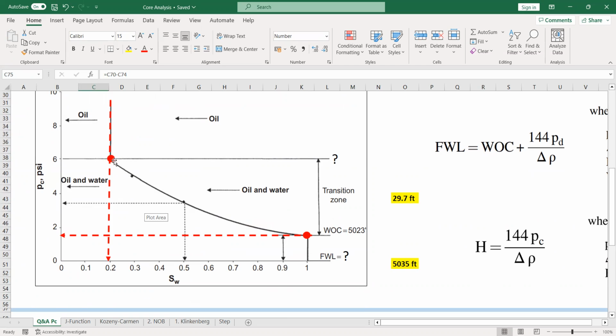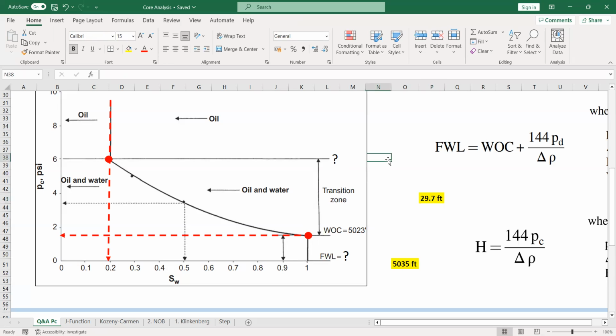So above this depth, only oil will flow, between the top of the pay down to this location. But if the perforation, the completion is located somewhere between this depth and the water oil contact, then oil will simultaneously flow with water.